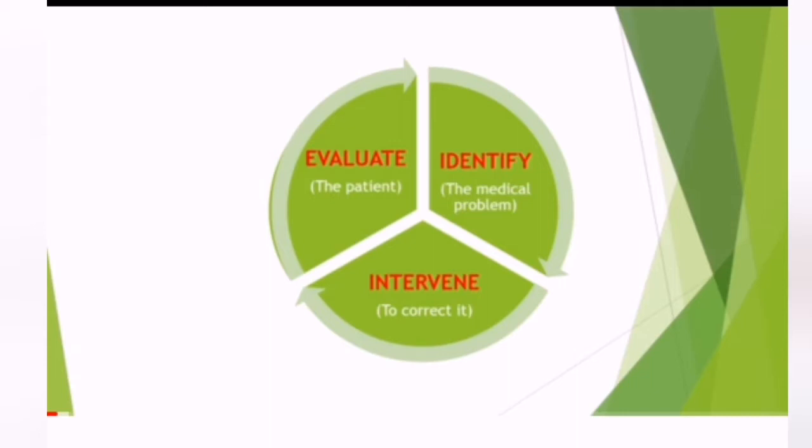And from this breathing, the rate, the effort, the saturation, and the air entry, we can identify the respiratory problems if it is a respiratory scenario. Actually, we have 4 respiratory scenarios: either upper airway obstruction, or lower airway obstruction, lung tissue disease, and number 4, disordered control of breathing.